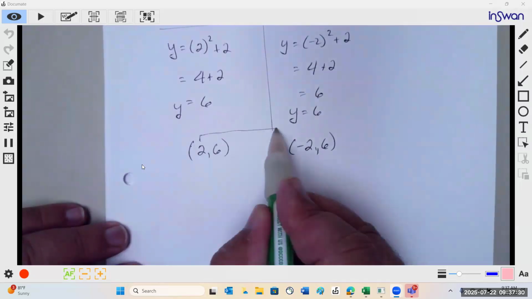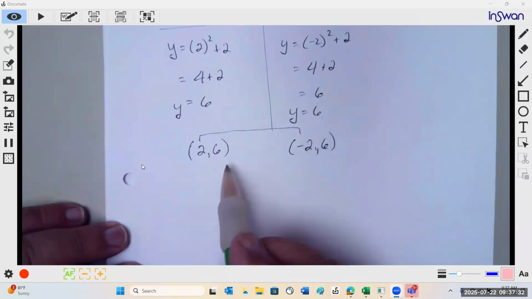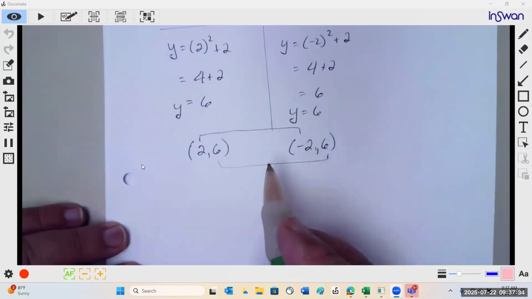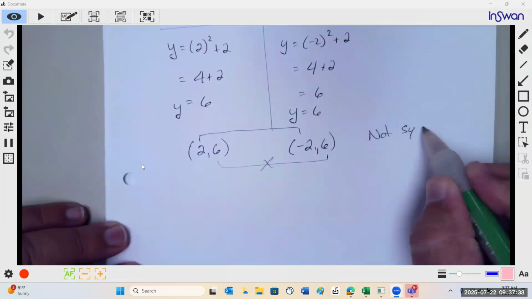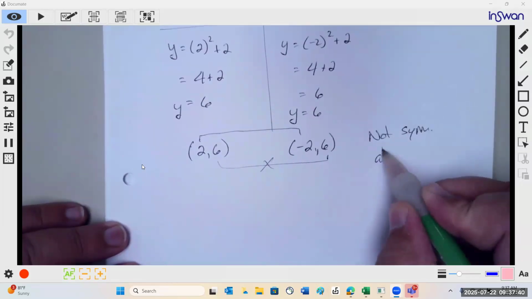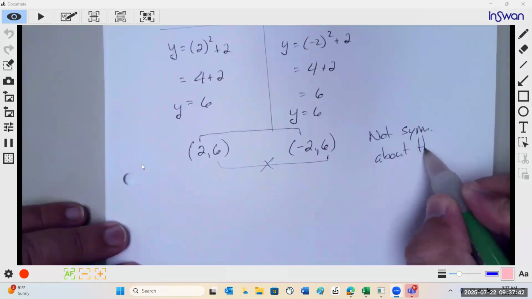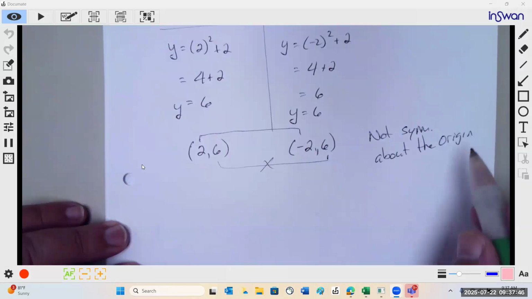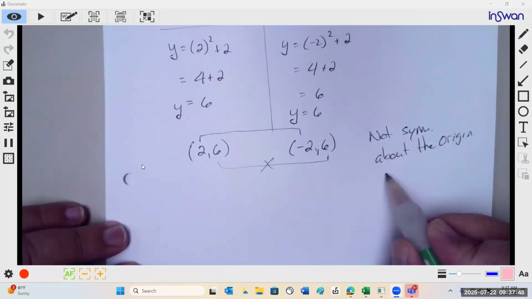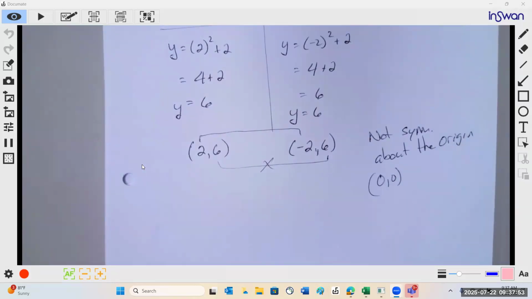Did the x change signs? Yes. Did the y's change signs? No. So not symmetric about the origin. If you don't want to write origin, not symmetric about 0, 0. You can write the origin that way.